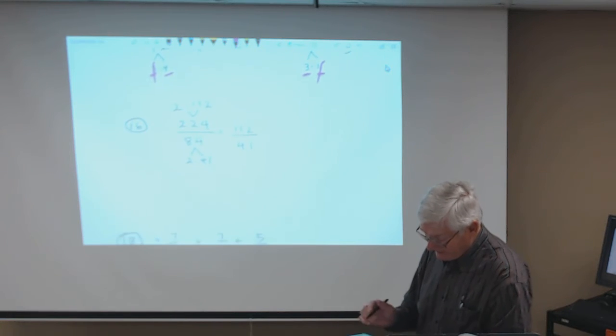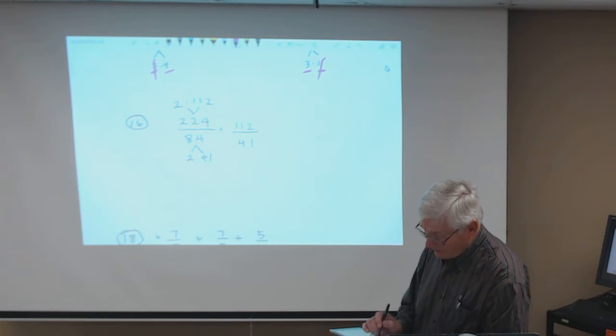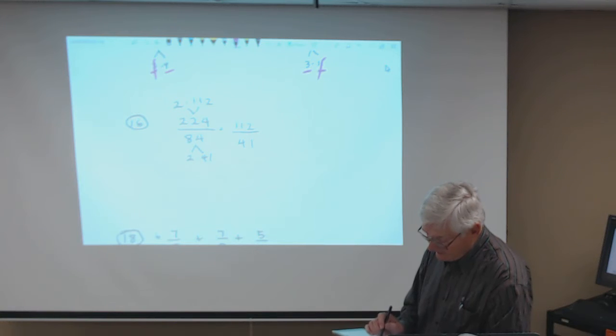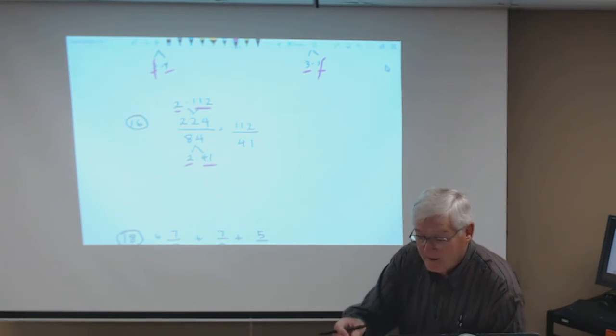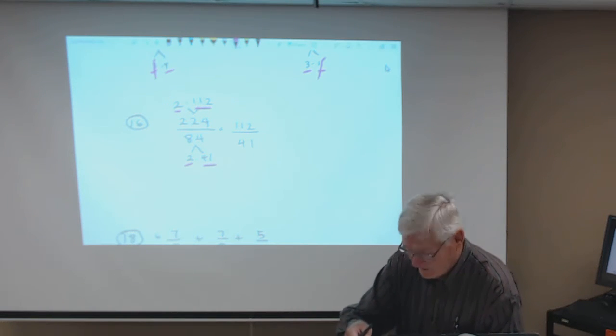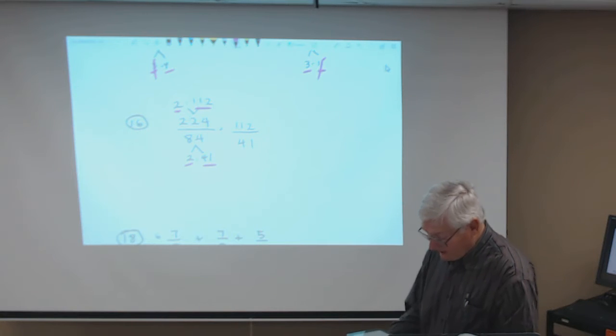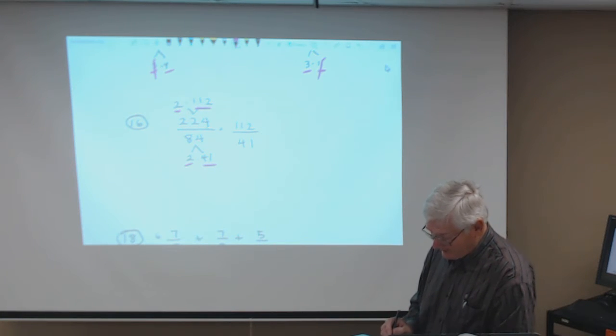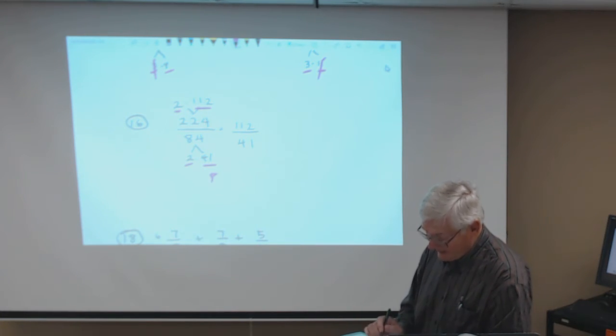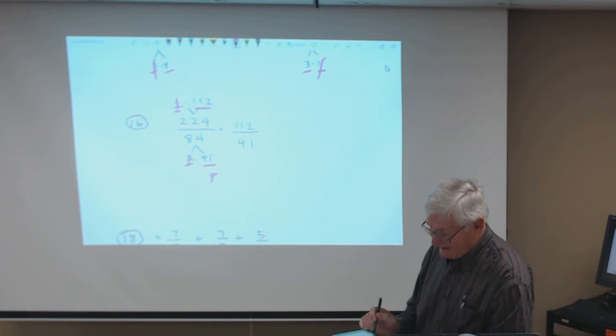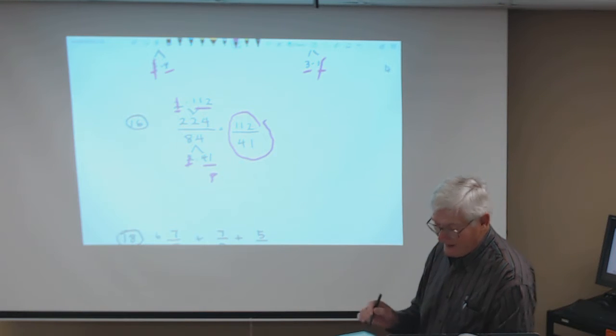Number 16. 224 is 2 times 112. 84 is 2 times 41. Is 41 on my chart? Good. So, if I know this is a prime number, then all I do is cancel out the 2's, and what's the answer? 112 over 41, because I know I can't reduce it down.